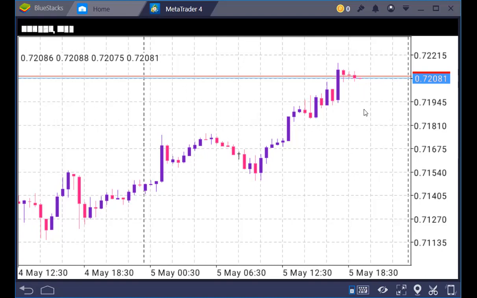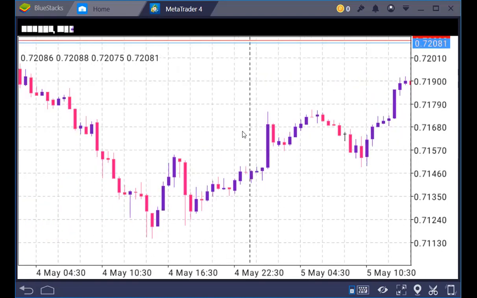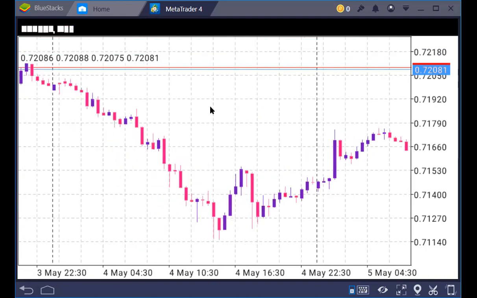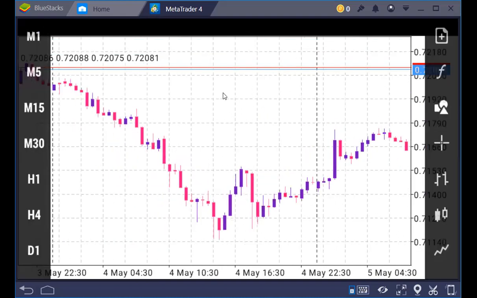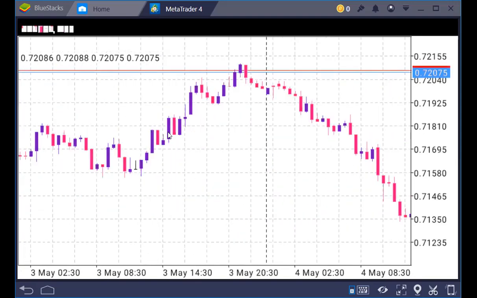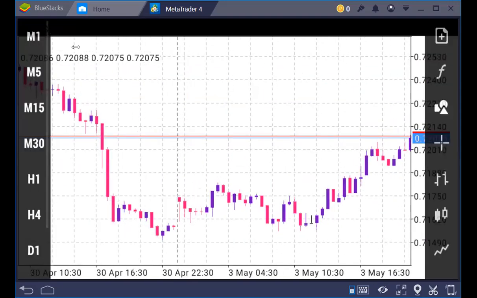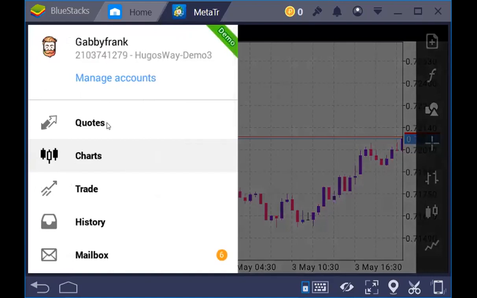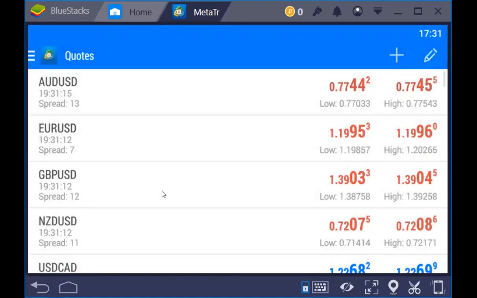So to add to the support and resistance, I want to make some emphasis on what we call time frame on your MT4. Once your chart is open, you can watch my previous video where I did a video strictly on the MT4 interface explained. Remember, when you click on quotes, you are going to see your pairs.